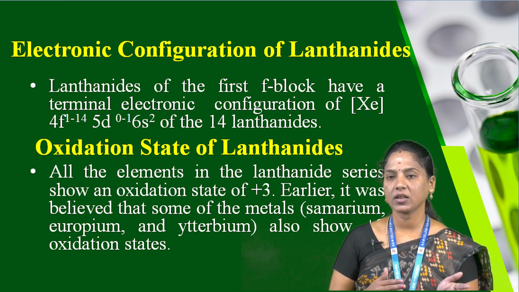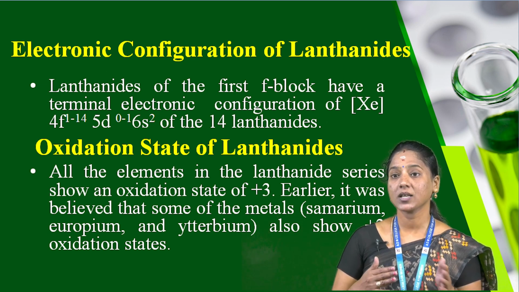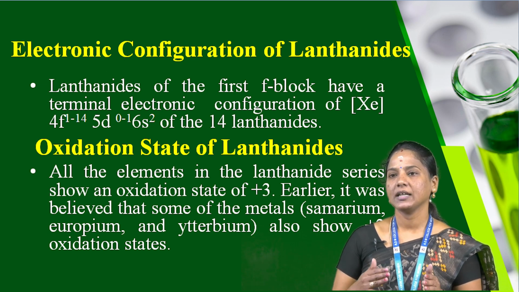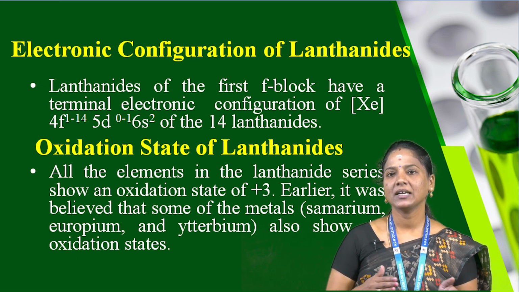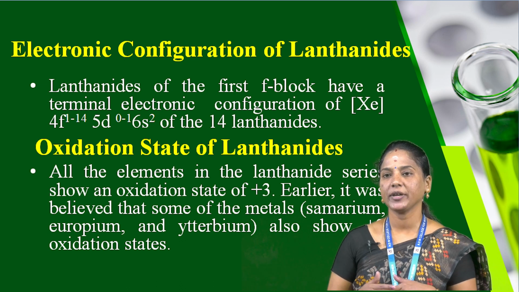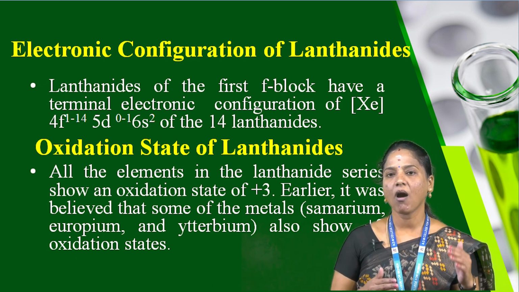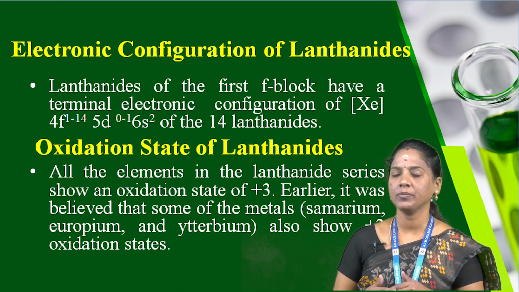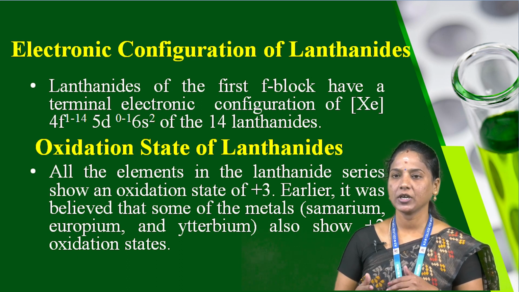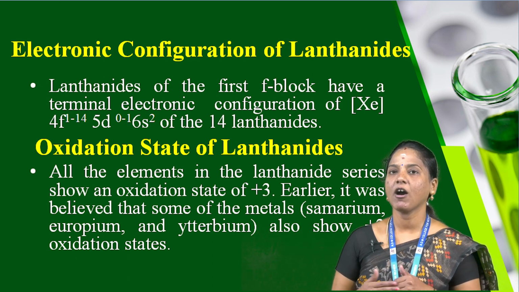The exceptions are the case of gadolinium, atomic number 64, where the electron enters the 5d orbital due to the presence of a half-filled f orbital, and lutetium, atomic number 71, which enters the 5d orbital.